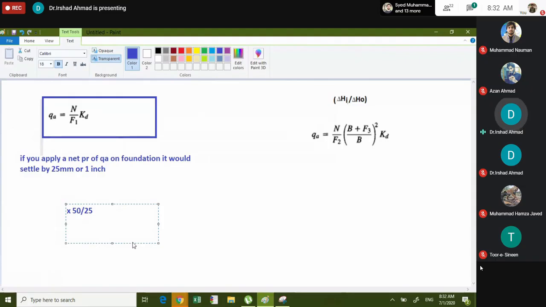If you are asked to find QA for 75 mm settlement, then you have to use 75. Or if it is in inches, if you are asked to find QA for 3-inch settlement, what would you do?